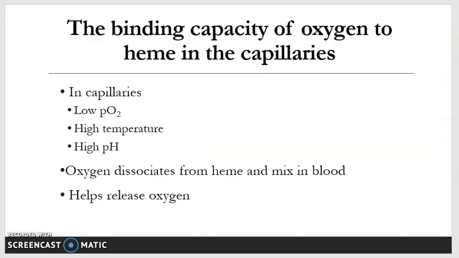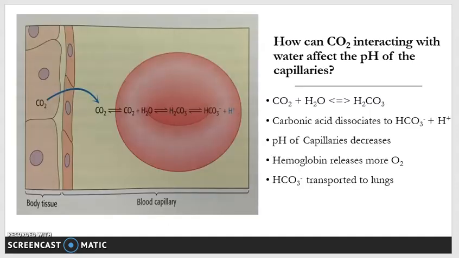The binding capacity of oxygen to heme in the capillaries. So when it moves into the capillaries, there is low oxygen partial pressure, high temperature, and low pH, so completely opposite conditions of the lungs, which causes a release of oxygen. How can CO2 interacting with water affect the pH of the capillaries?